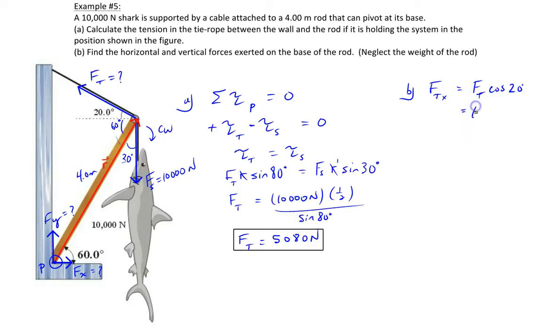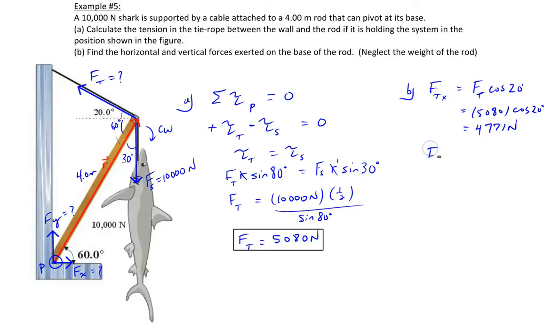So that's 5,080, or to be exact, it's 5,077 times cosine of 20. And that gives you a force of 4,771 newtons.